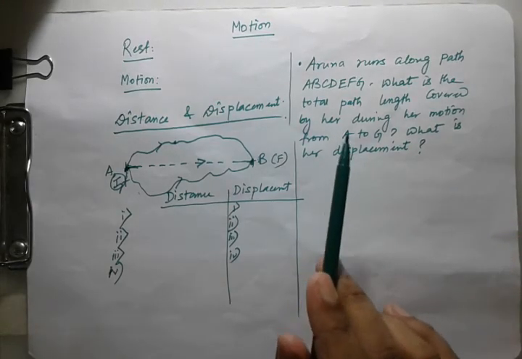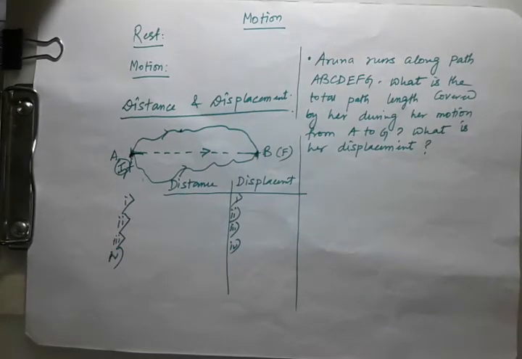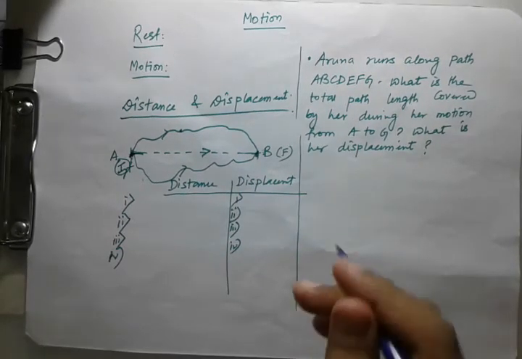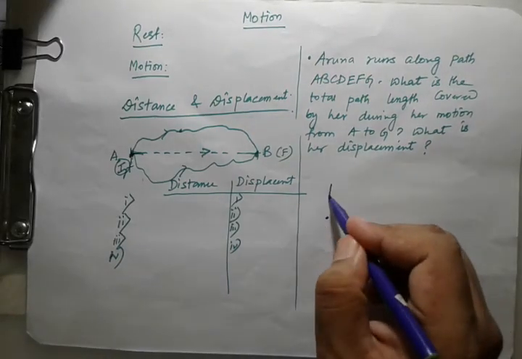So you started from position A. I'll use a different color. Draw the diagram, very simple thing. We'll start from position A, then we'll go to position B in this way.